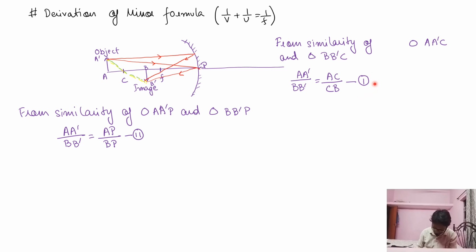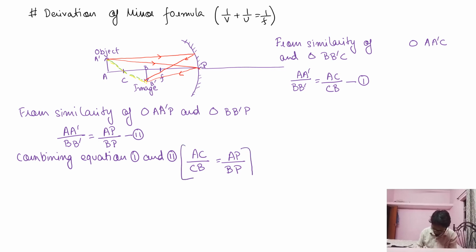So combining these two equations, equation number 1 and equation number 2, can I successfully say, let me write it properly, combining equations 1 and 2, we can write that AC by CB is equal to AP by BP. This is our main equation from which we will derive the mirror formula.